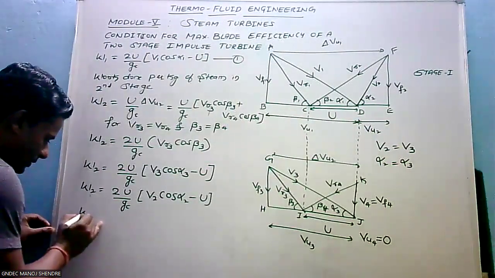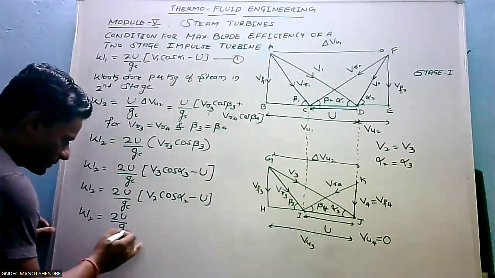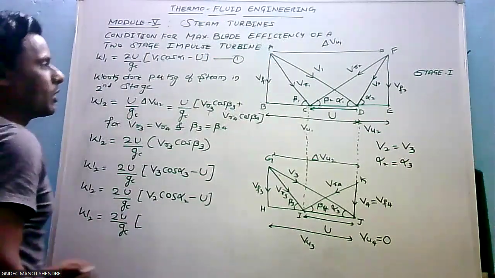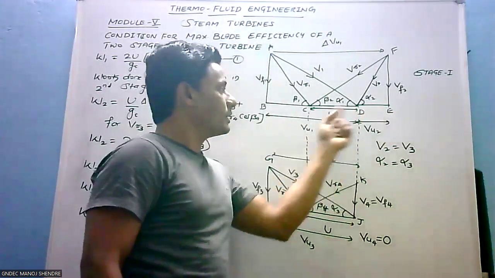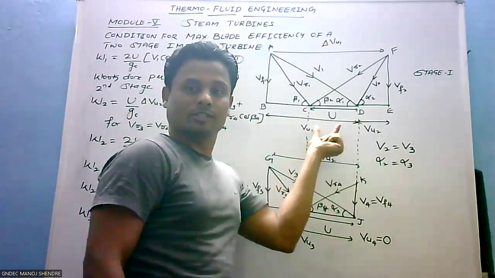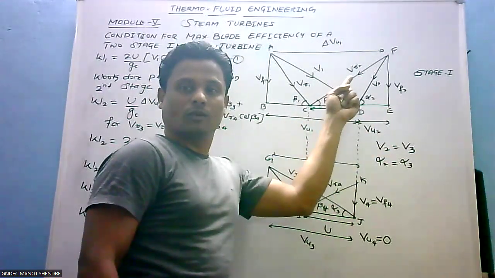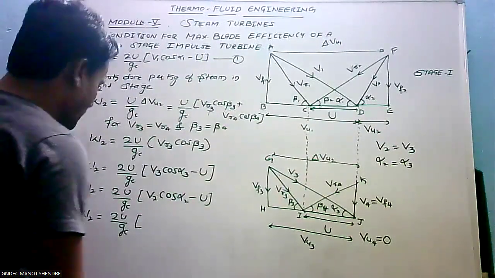W2 equals 2U by GC as it is into V2 cos alpha 2 is DE. This DE can be written as CE minus U. CE means VR2 cos beta 2. Okay? Listen carefully.